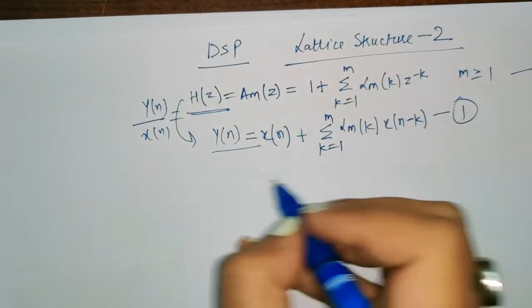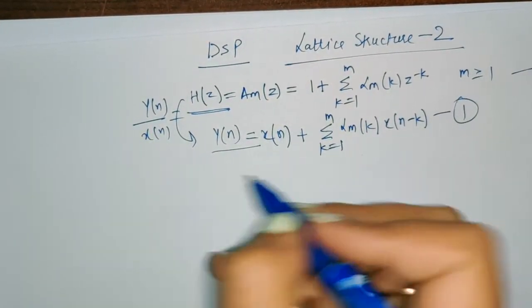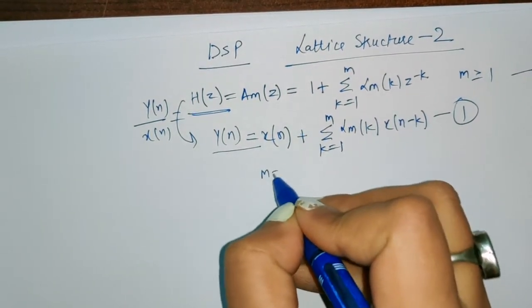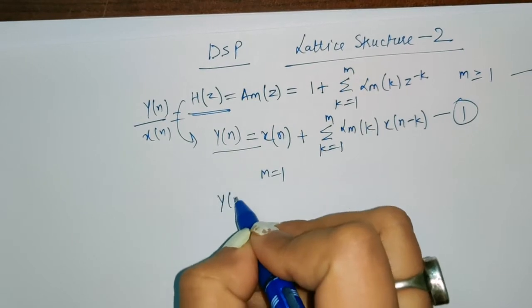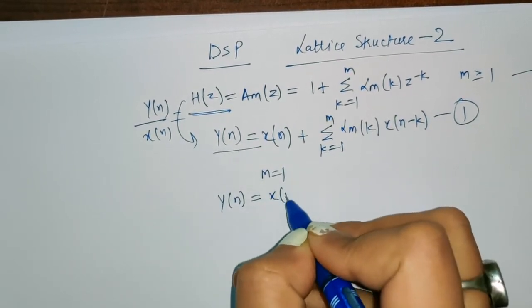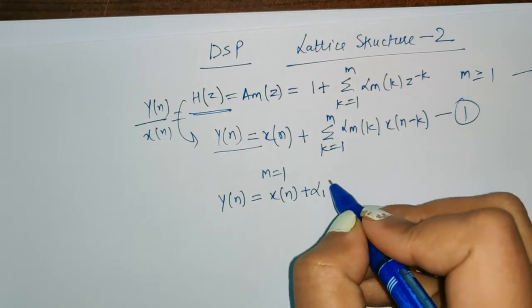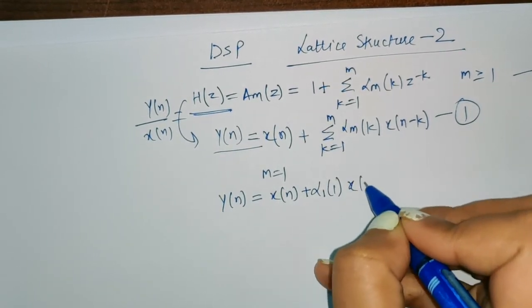Okay, so if I want to write this equation for a first order filter, that means m is 1. In that case, y(n) would become y(n) equals x(n) plus alpha_1(1) x(n minus 1).